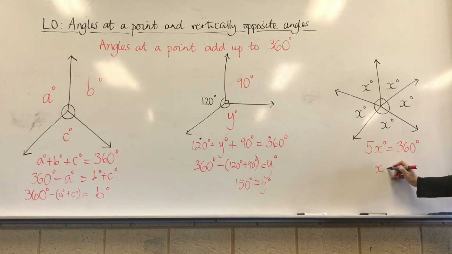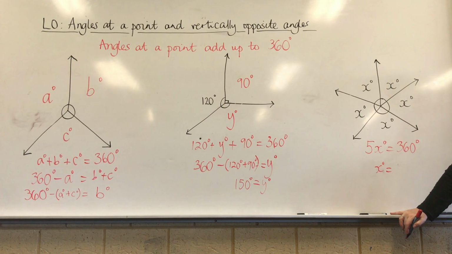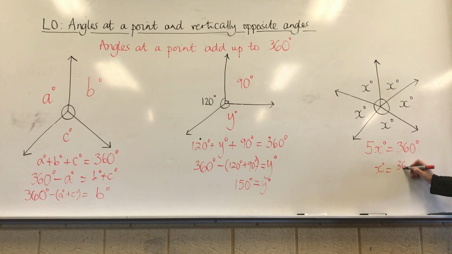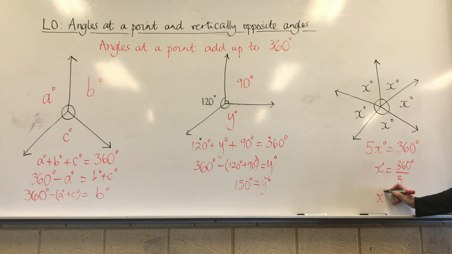So how am I going to find out what one lot of x is? Divide 360 by 5. Yeah, so you do 360 divided by 5, and so x equals 72. 72 degrees, that's right, okay?